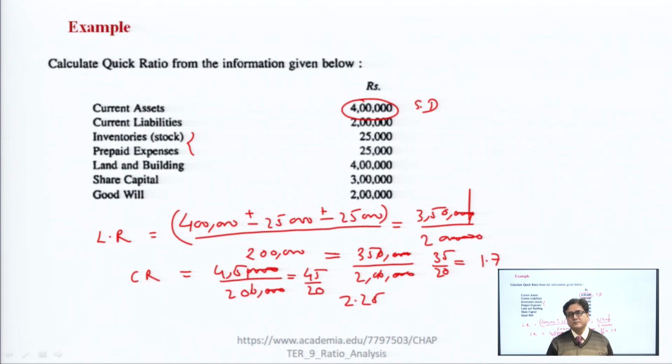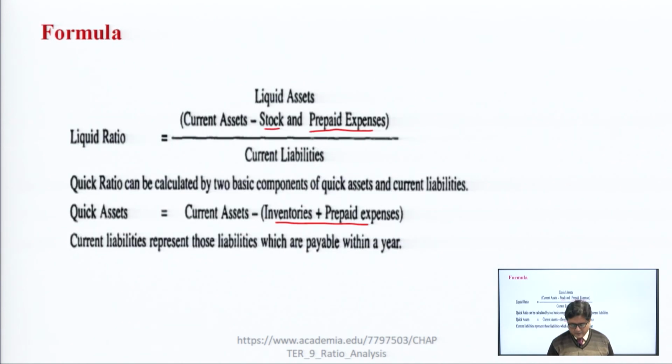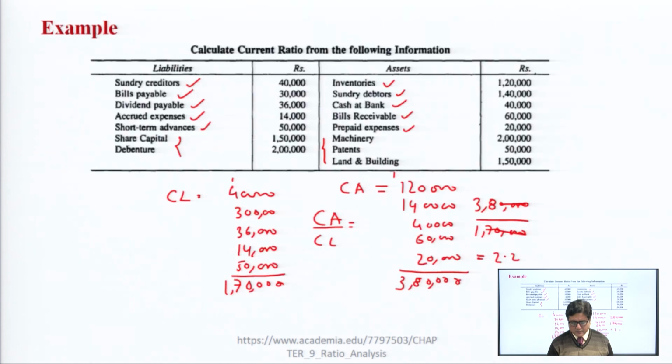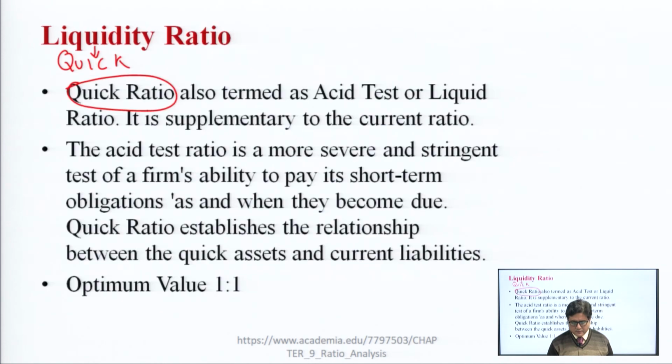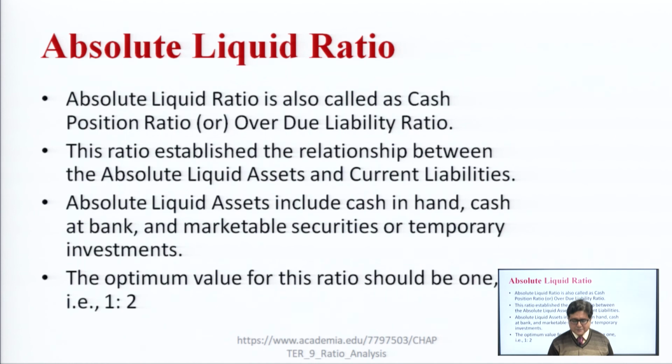What happens then? If at the end of the year we calculate the cash position and find out that we are suffering from cash, we don't have cash, we have lots of debtors, then all the analysis becomes wrong. To find out the exact position of the cash, we use the absolute liquidity ratio.